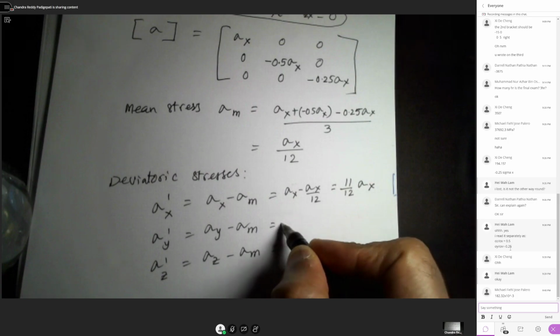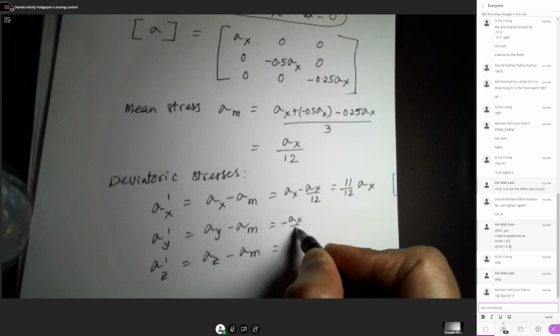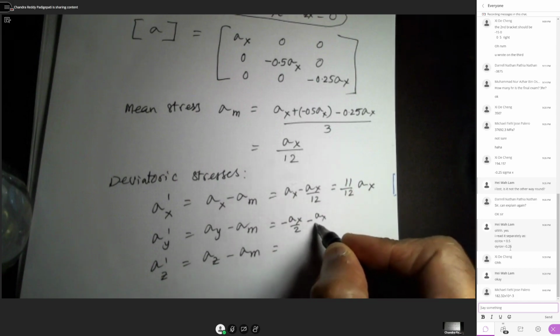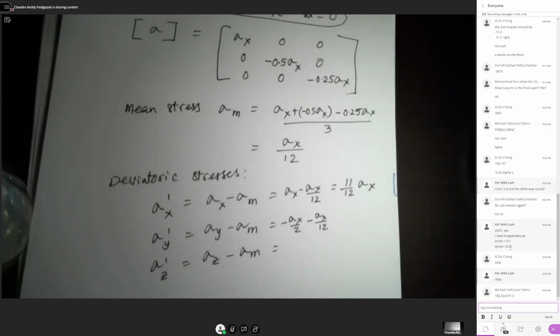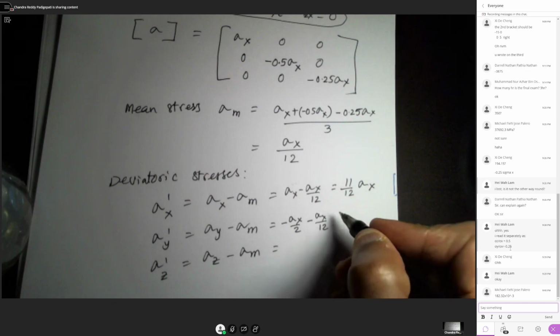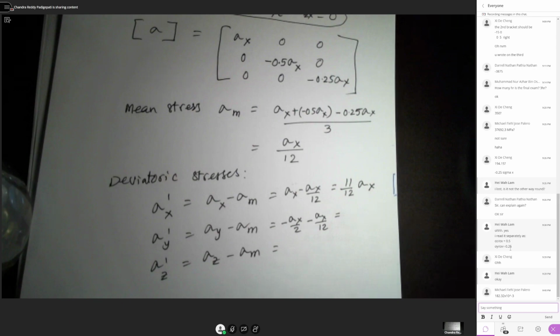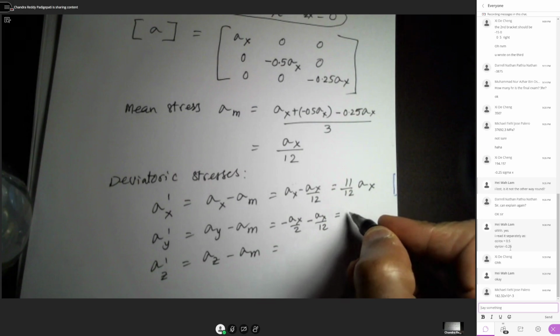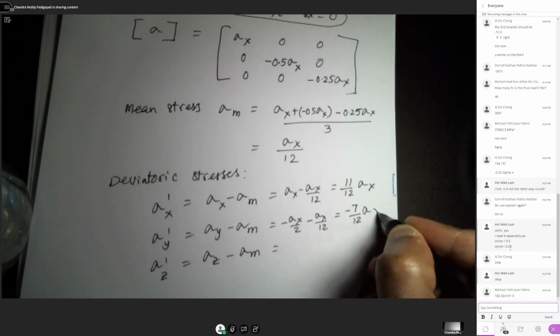So you can also write negative sigma x over 2 minus sigma x over 12. So you get negative 7 over 12 sigma x.